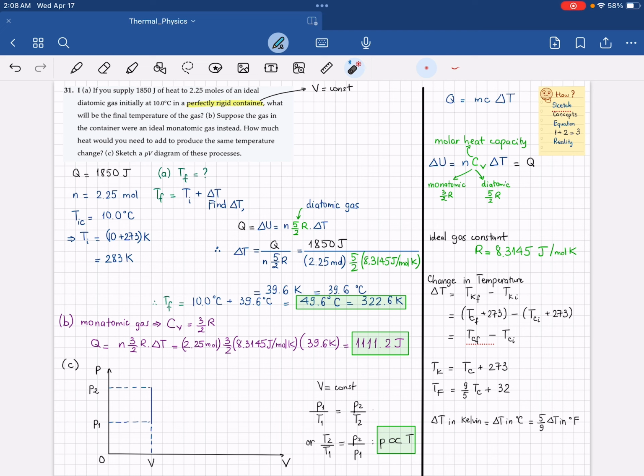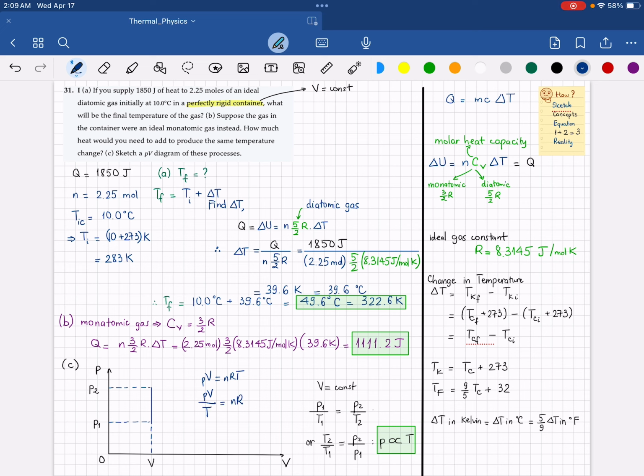Okay. And then for the last question, they asked to sketch a PV diagram. So this is a constant V, right, through the whole process. And we know by the ideal gas law that PV equals nRT, or we can move T to the other side, and it would be PV over T equals nR.